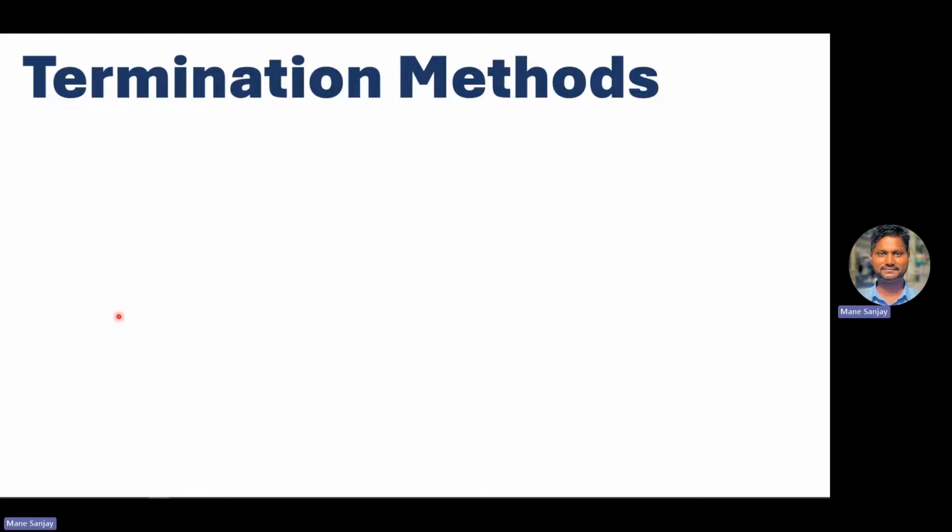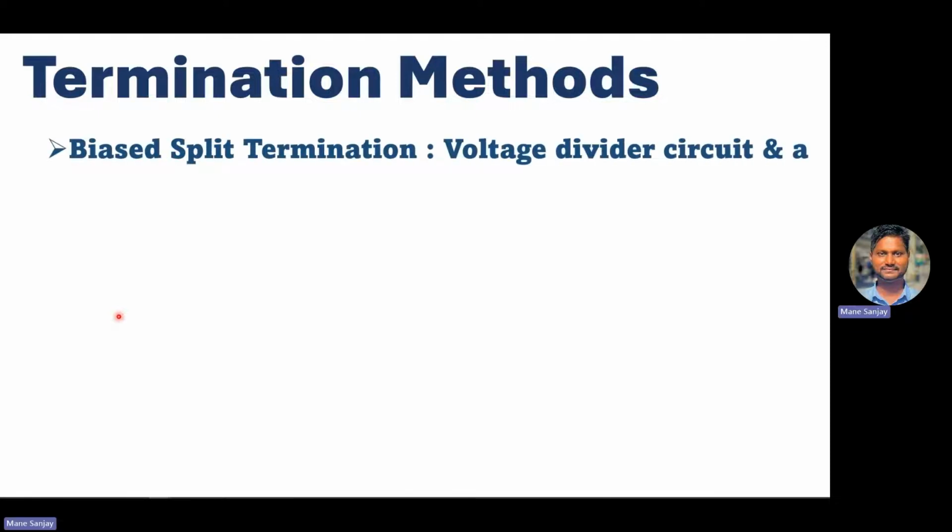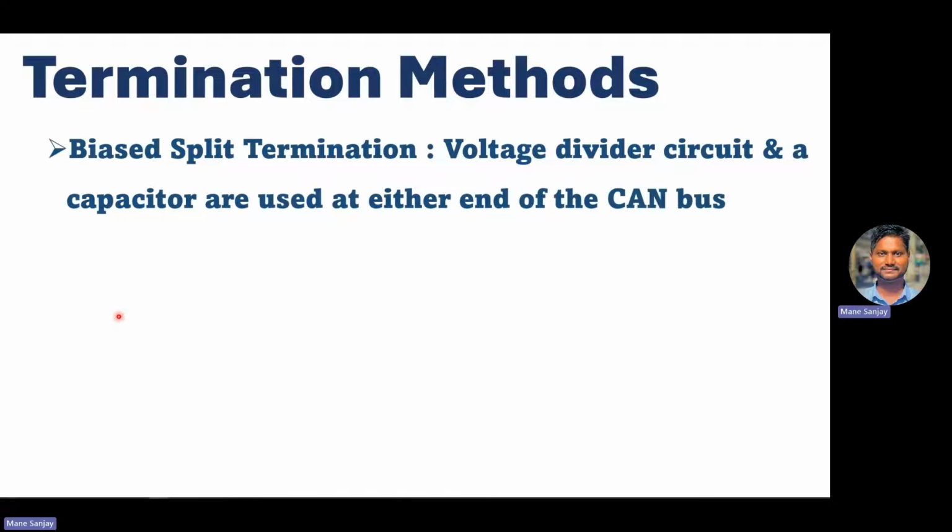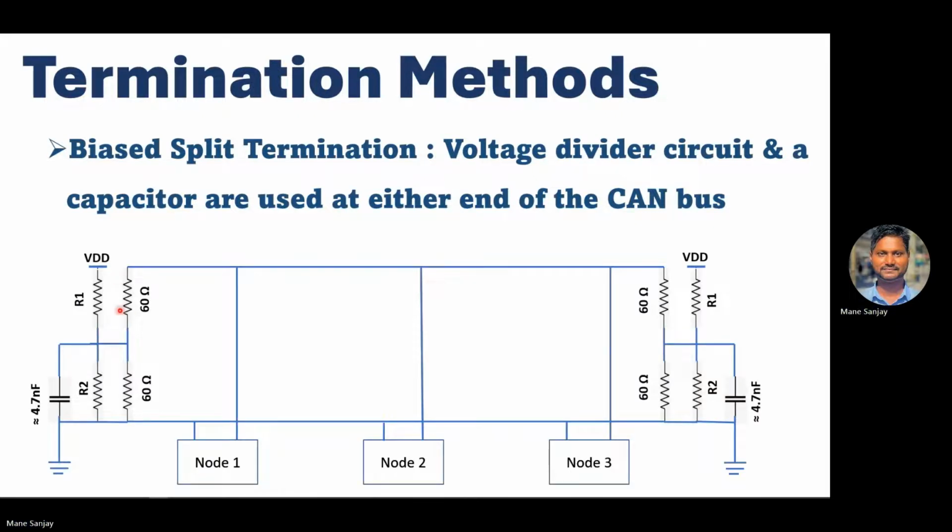So let's talk about the third method, that is the biased split termination. The biased split termination method is similar to the split termination method, except that a voltage divider circuit and a capacitor are used at either end of the CAN bus, as shown here in the diagram.